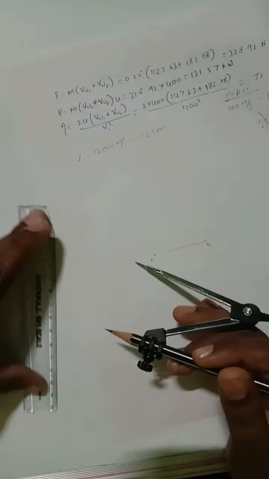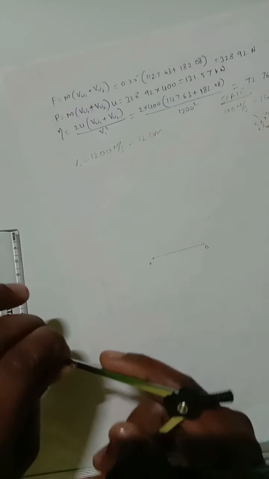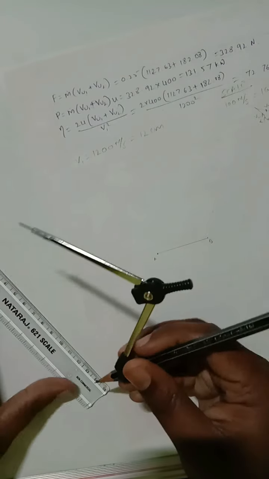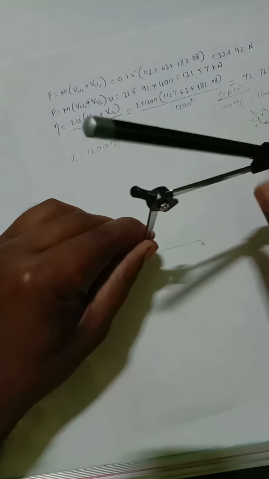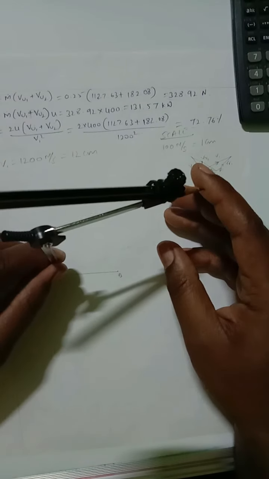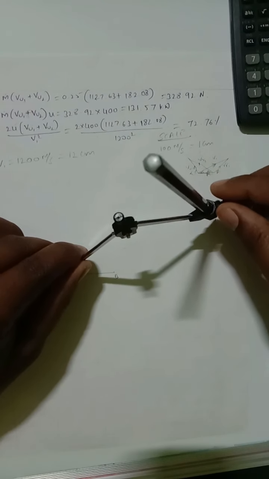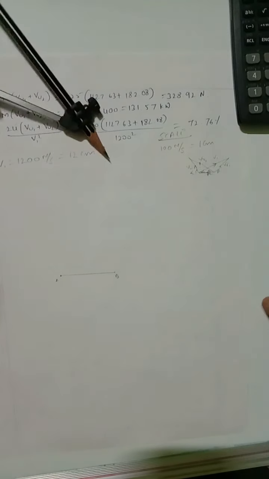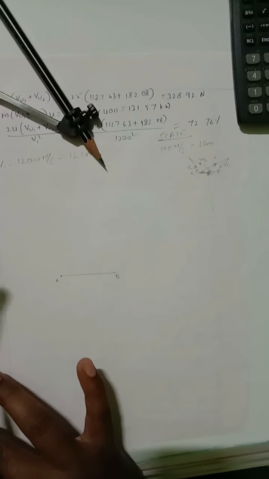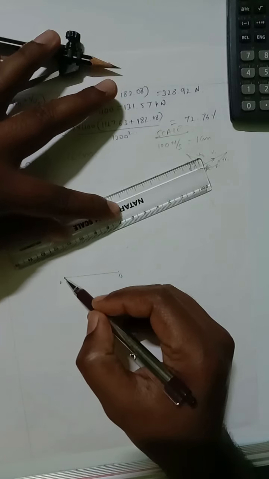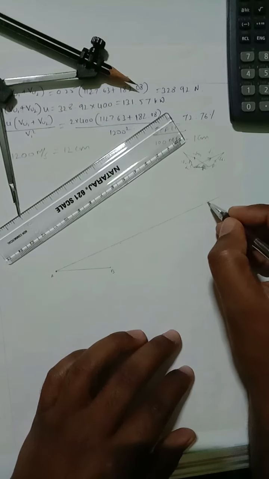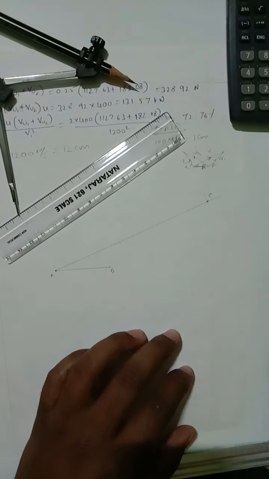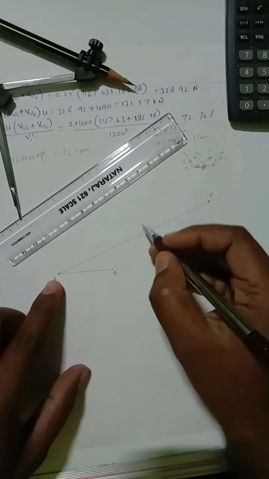Now you take 12 centimeter in your compass and cut an arc on this line. I will just extend the line here. So it is meeting at a point here. Let me call it C. Okay, so we got V1 now.